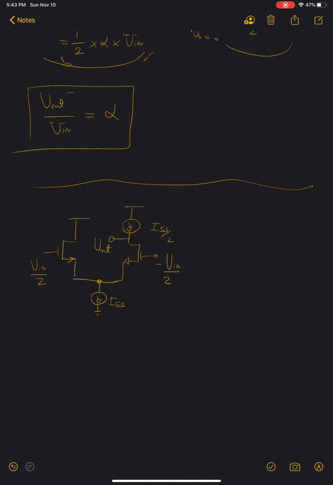So basically what I've shown is these two are essentially the same in terms of total gain.